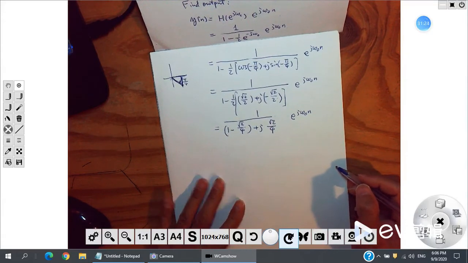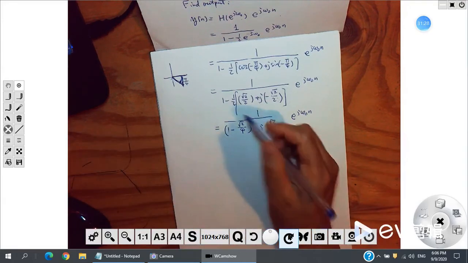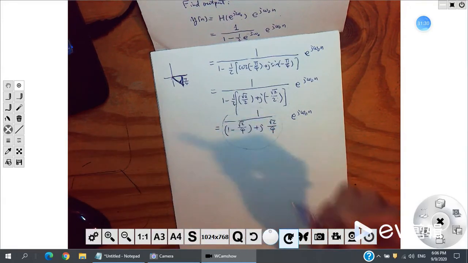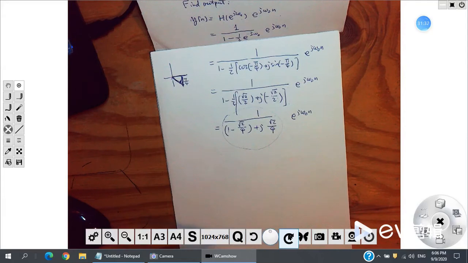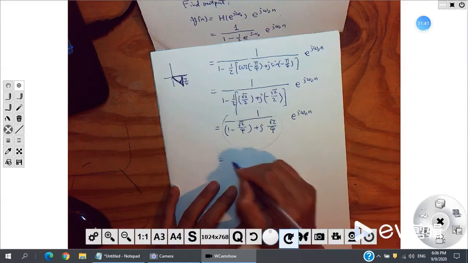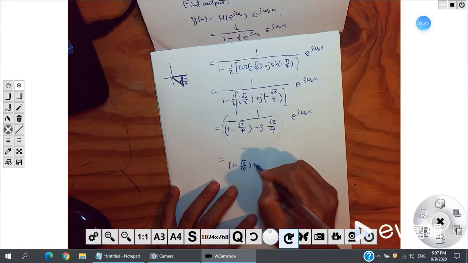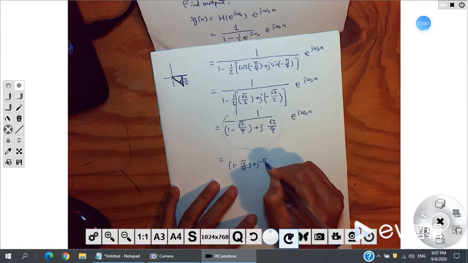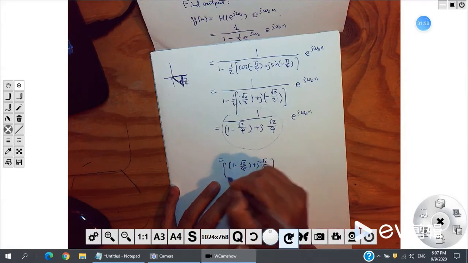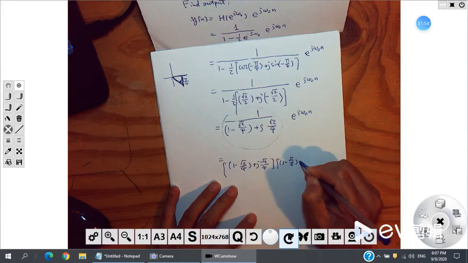Now you can just leave it here. This is a fraction. If you want to remove the fraction, you need to do more calculation, but here you can just leave it. If you want, I write it here, but I do not finish it: plus j square root of 2 over 4, times the same number in the real part, and in the imaginary part you change the sign.